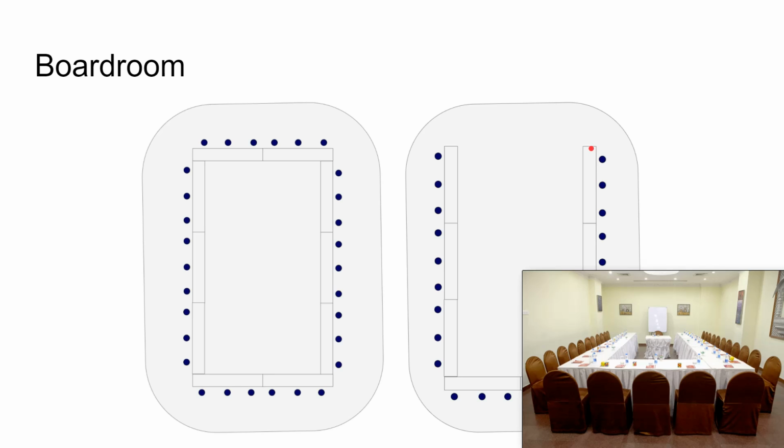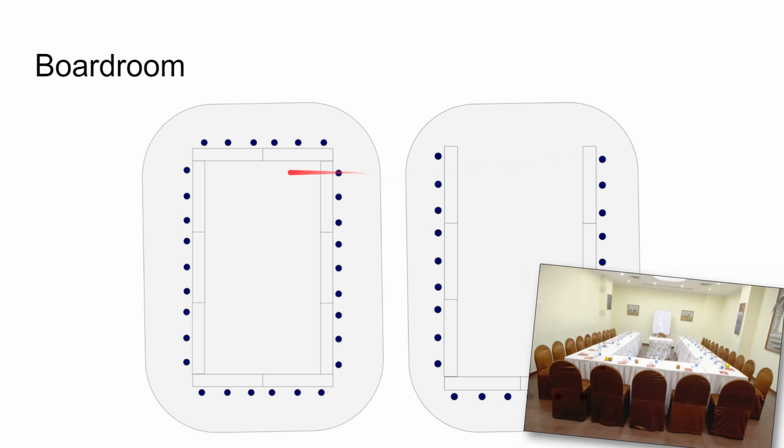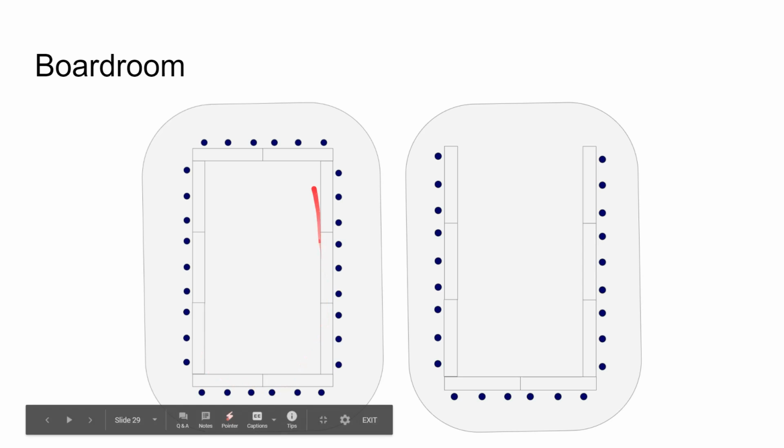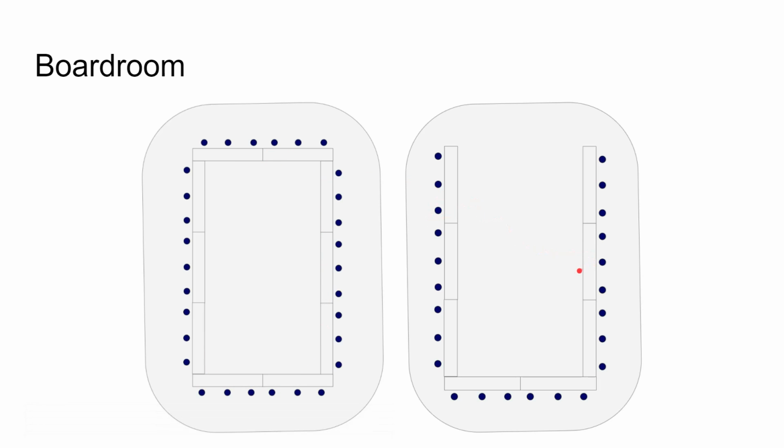And at certain times, this can be a slightly oval-shaped structure, or it can be a T-shaped structure or an I-shaped structure, depending upon the preference of the guest. So this type of arrangement is called boardroom style.